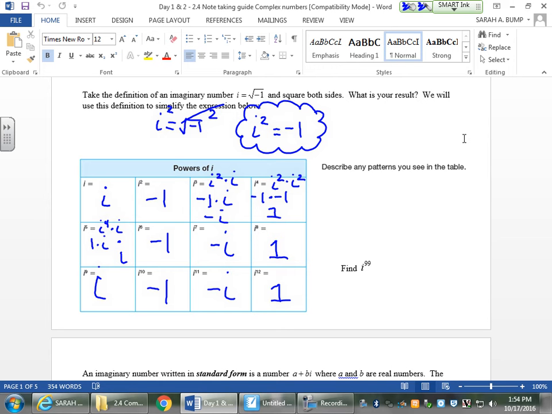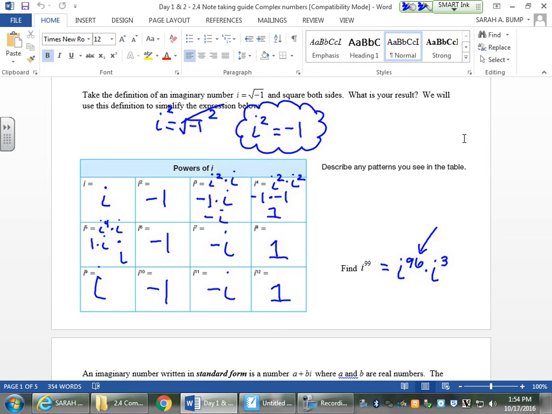So I'm going to rewrite this as i to the 96, because 96 is the largest multiple of 4 that goes into 99, but there's still a difference of 3 i's missing, so I'm going to multiply that by i cubed.